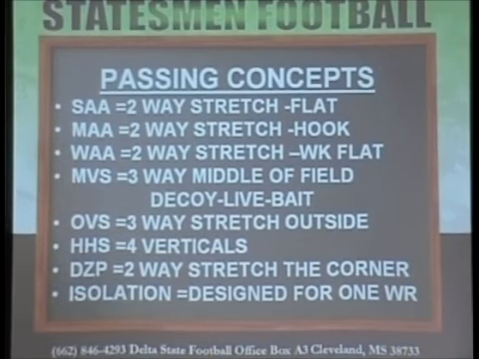It'll be five-step drop, CZ, meaning the center slides the protection to the strength. We'd say it's an OVS, outside vertical stretch. And then we have two ways: we name the route or number the route.